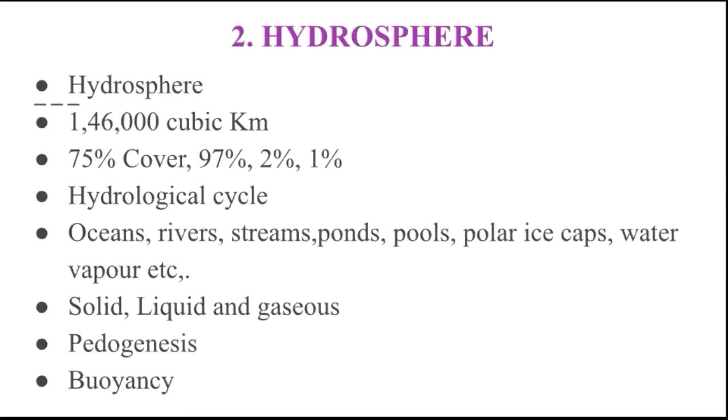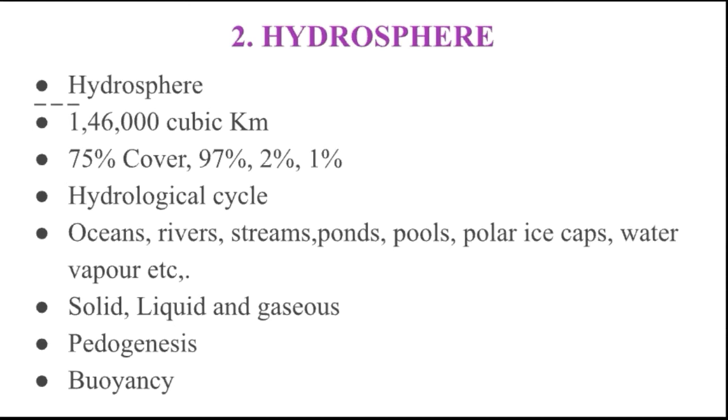The oceans and seas constitute about 97% of the water, the polar ice caps and glaciers constitute 2%, and the freshwater bodies, groundwater and atmospheric vapor constitute 1%.